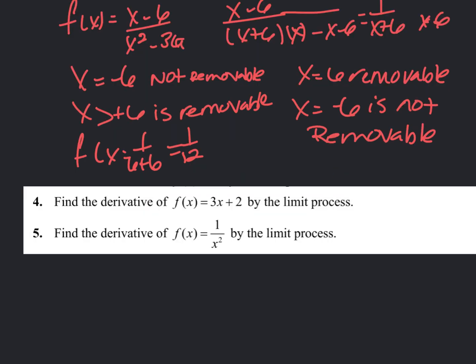Okay, we're going to do the problems from lesson 7. Problem 4 and 5. Number 4 is find the derivative of f of x equals 3x plus 2 by the limit process.